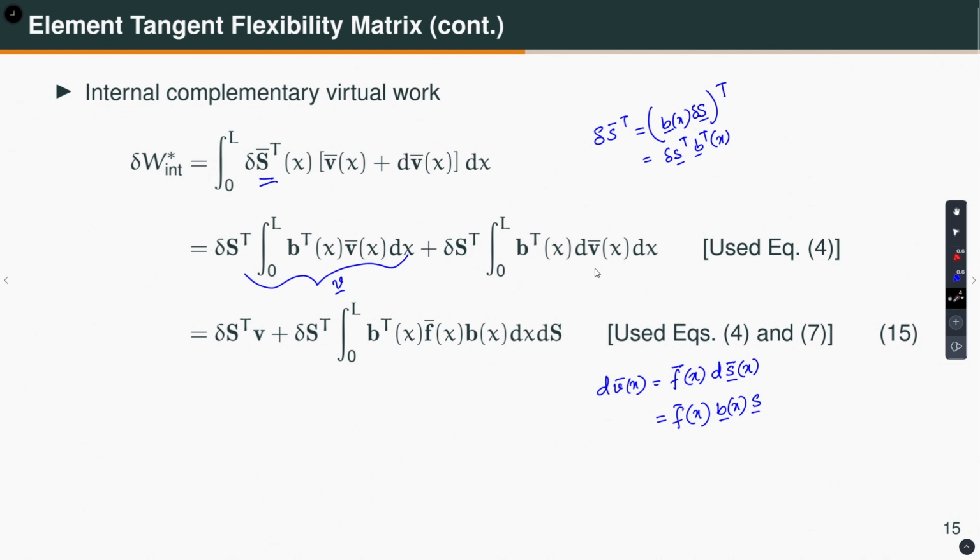So, I am substituting that here. So, this gives us integral 0 to L, B transpose F bar x Bx multiplied by dS, and then dx remains as it is. Okay. So, this is my internal complementary virtual work.